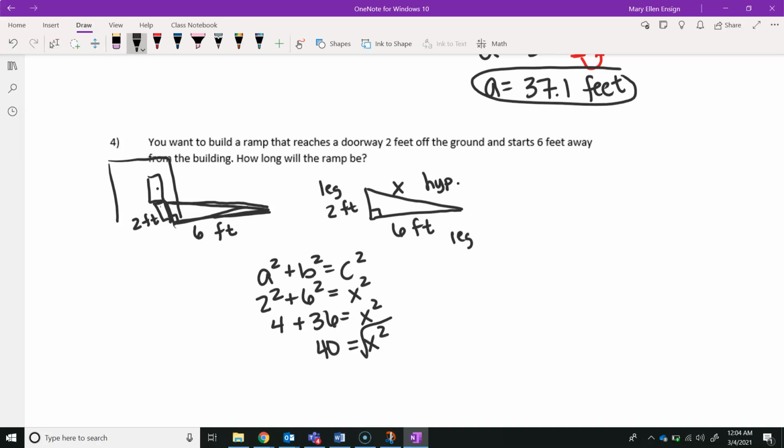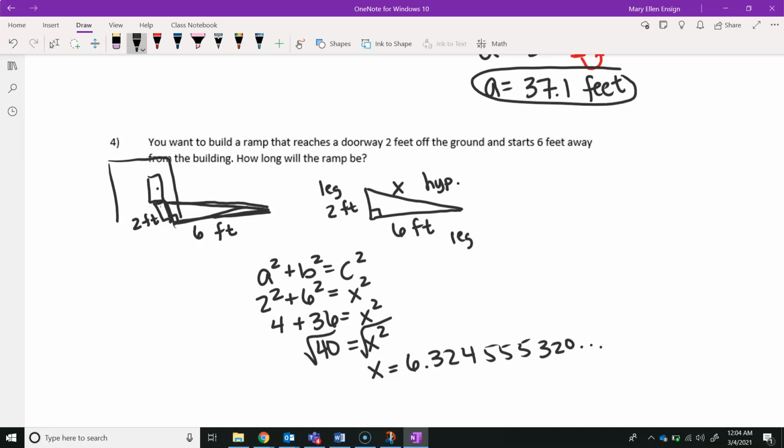So let's take the square root of both sides. And when I take the square root of both sides on my calculator, let's see, square root of 40, so this is going to be x, I'm just going to write it the other way so I have more space, is going to be 6.324555323, blah, blah, blah, okay?